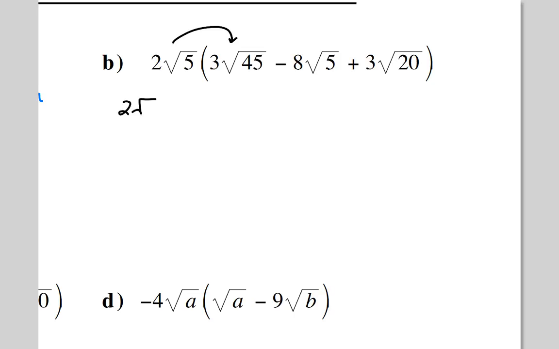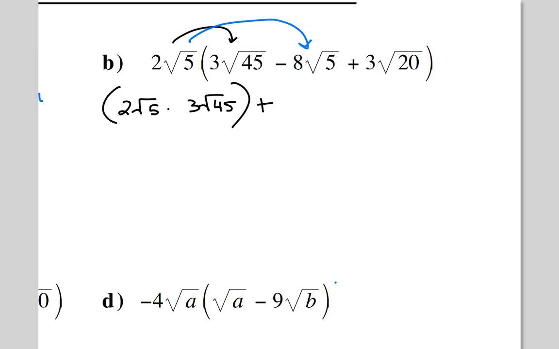Okay, 2 root 5 times 3 root 45. How about another color? Will that even help some more? 2 root 5 times 3 root 5. It's almost easier to just do it because I'm going to have issues with my signs. Okay, so that's the first one.